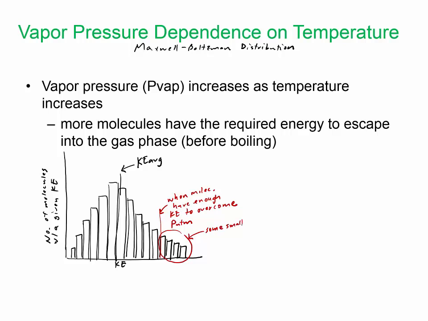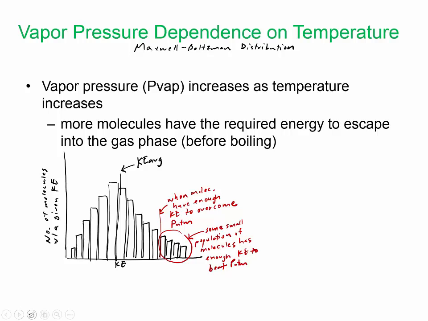So this represents a small population of molecules that has enough kinetic energy to beat atmospheric pressure.